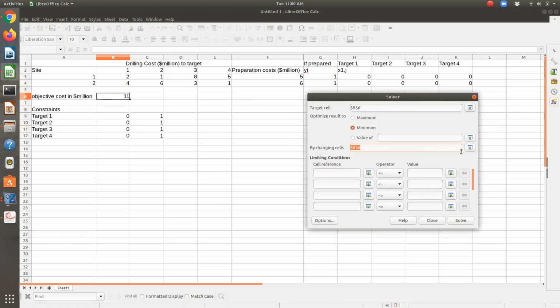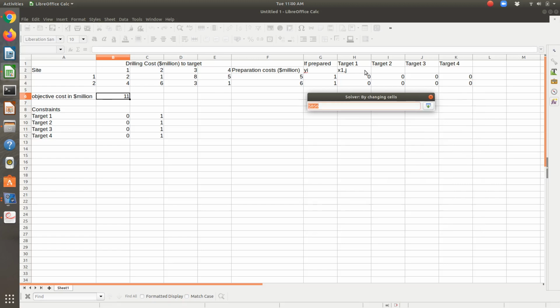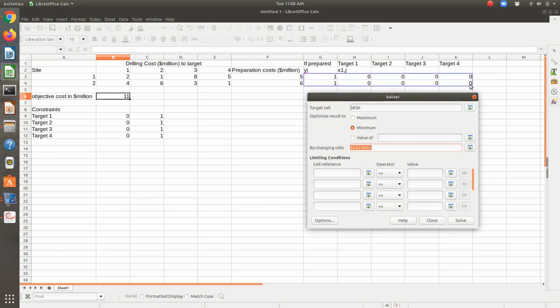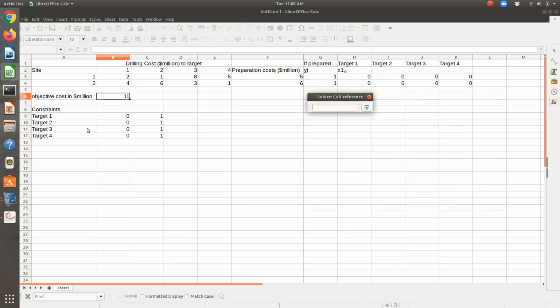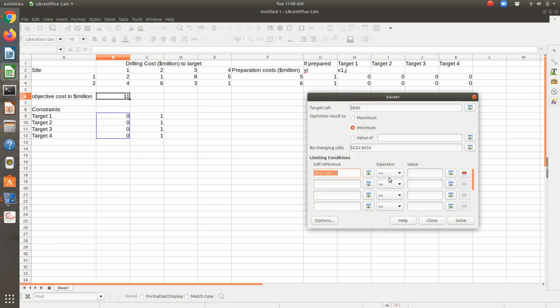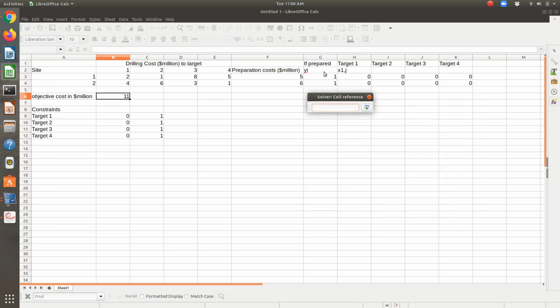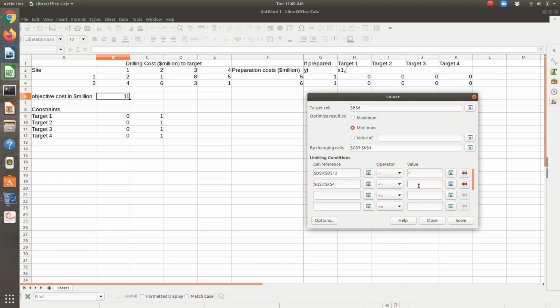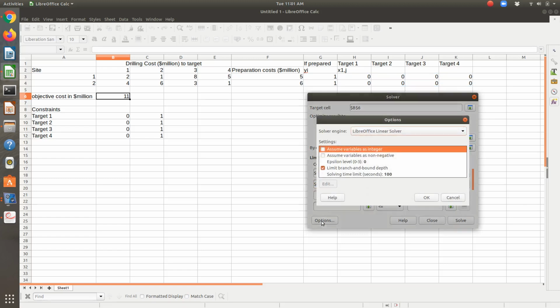Try one more time by changing all of these. Require that the left-hand sides equal 1. I'm going to require that all my variables are less than or equal to 1. Okay.